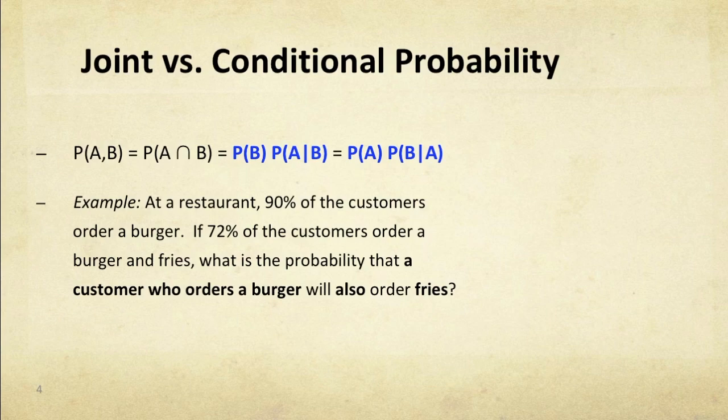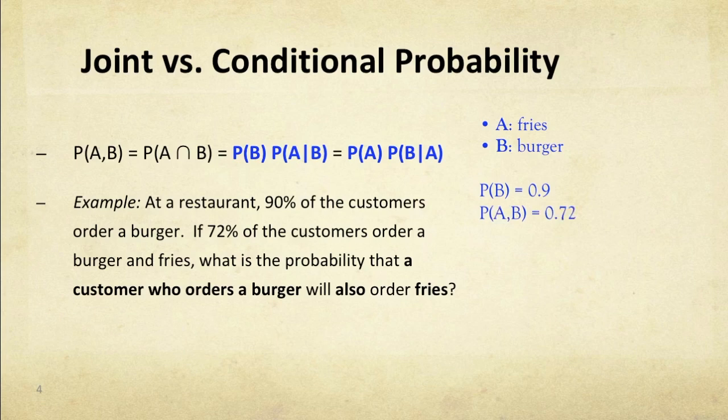So to answer this question, let's first use proper notation. Let A be the event that a customer orders fries, and B be the event that a customer orders a burger. So A for fries, B for burger. In this case, you know the likelihood of customers ordering a burger, which is P(B), 90% or 0.9.